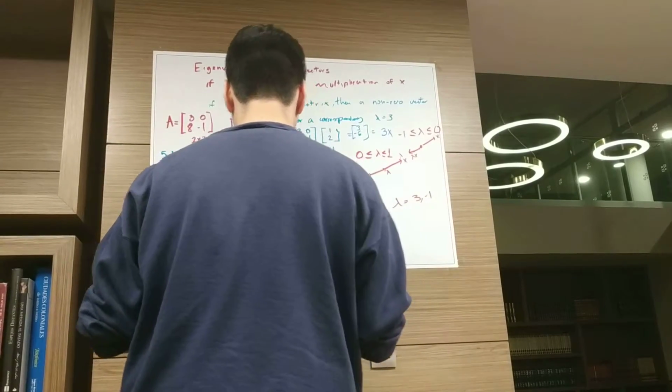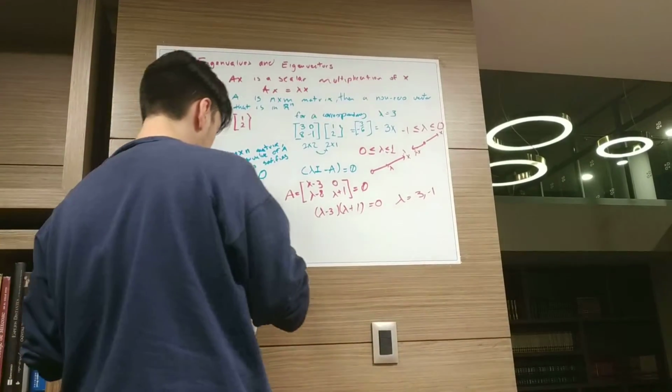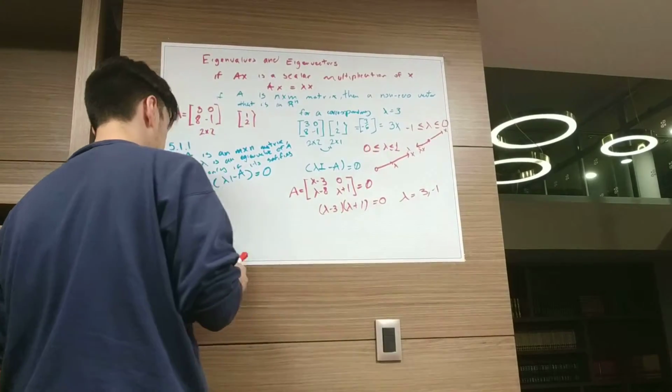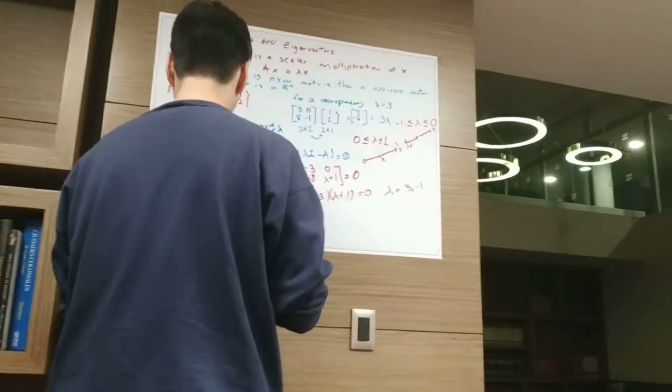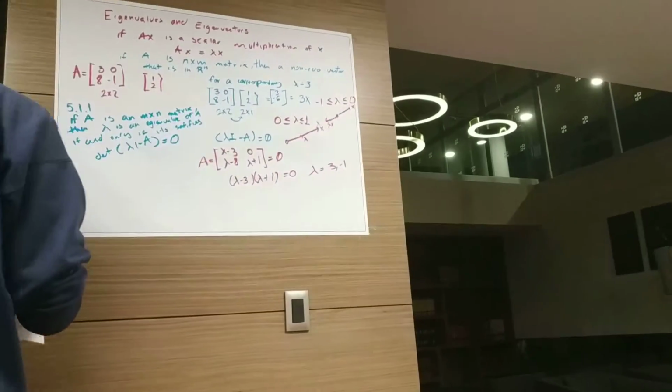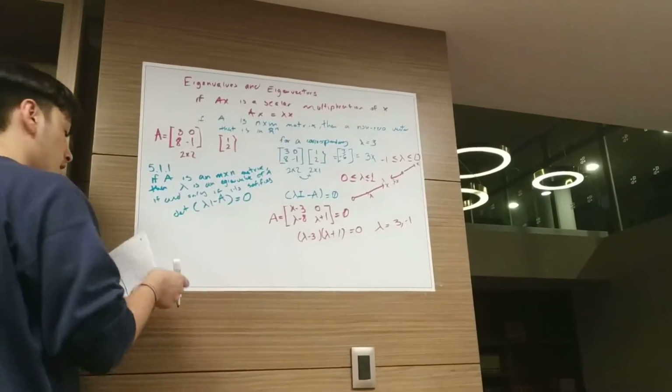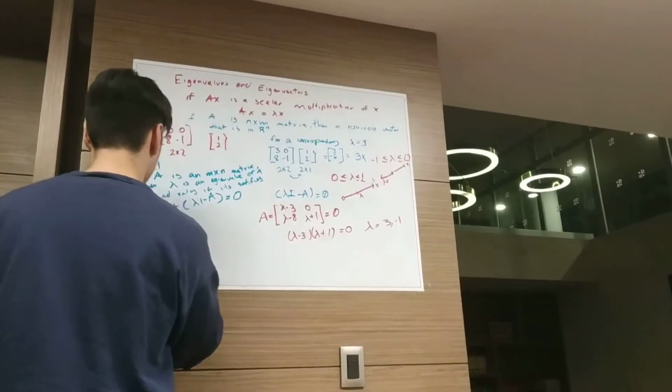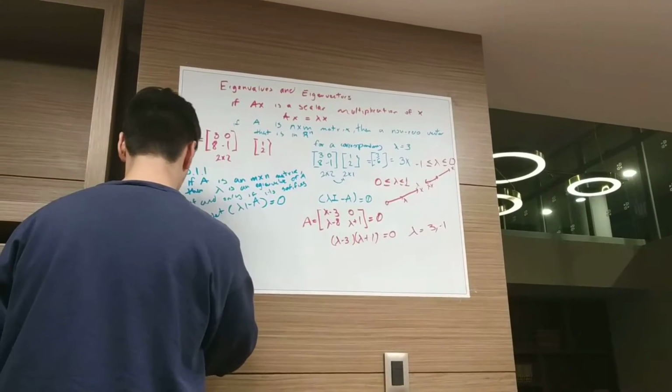Next, an example of eigenspaces. For the basis for eigenspaces, it could be this. I'm going to write it here because I don't have so much space, and I'm going to write the example.